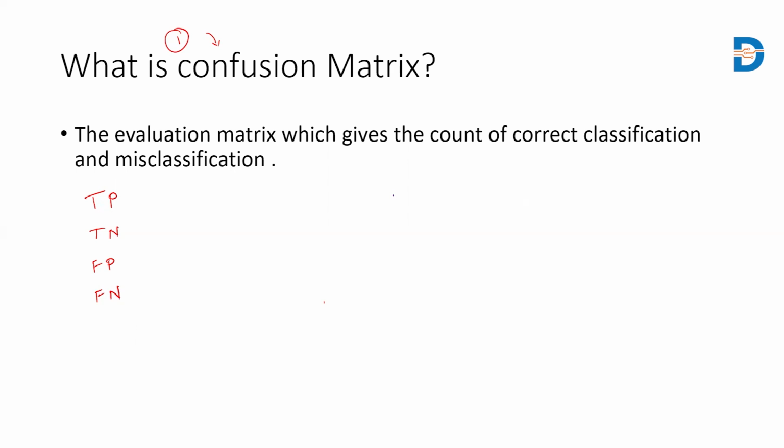So the understanding goes something like this. Confusion matrix will give us a matrix. Let's say if we are talking about binary data, the actual values will be 0 and 1, and the predicted value will also be 0 or 1.